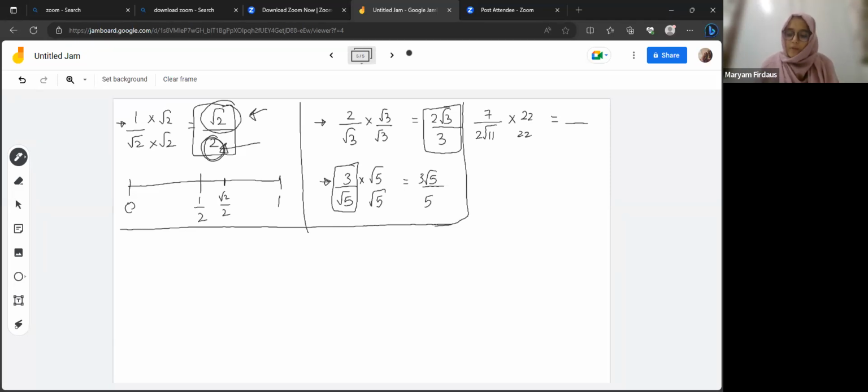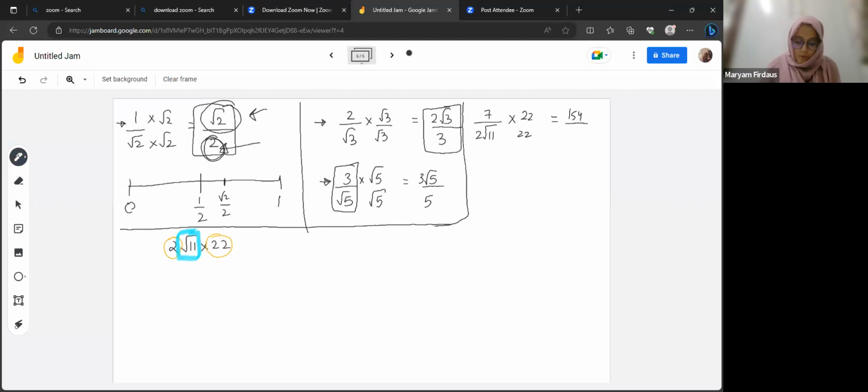So if you multiply it with 22, it will become 154 by, what is 2 root 11 into 22? What you will do here is you multiply the rational with the rational and the irrational with the irrational. So what does that give you?